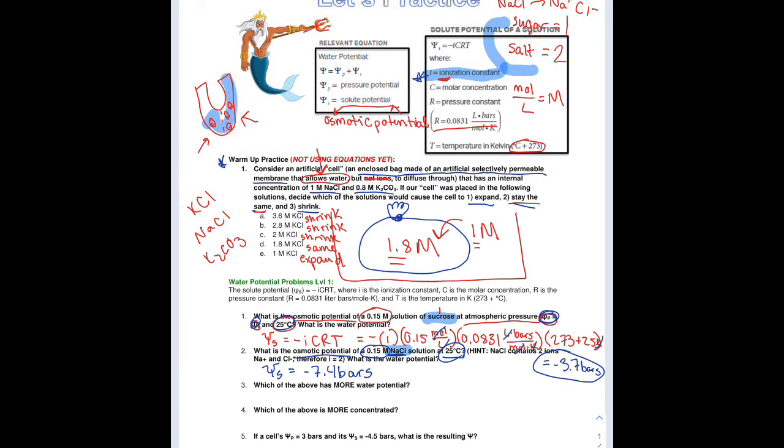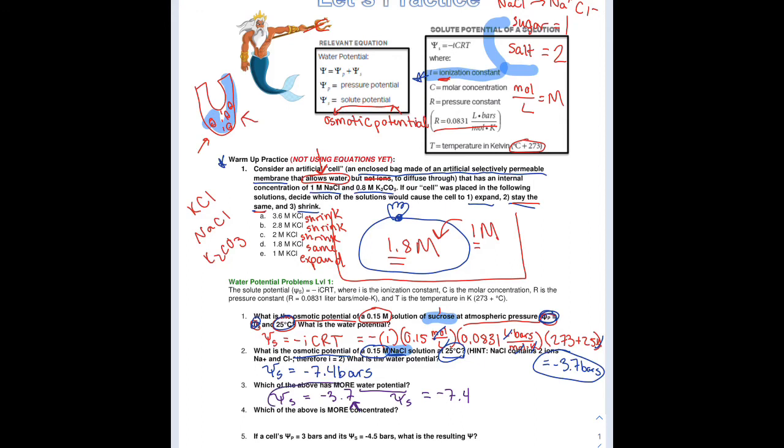Number 3, which of the above has more water potential? All right, we're looking at 3.7 versus 7.4. And so this smaller number tells us that there is less solute there, which gives it a higher water potential.